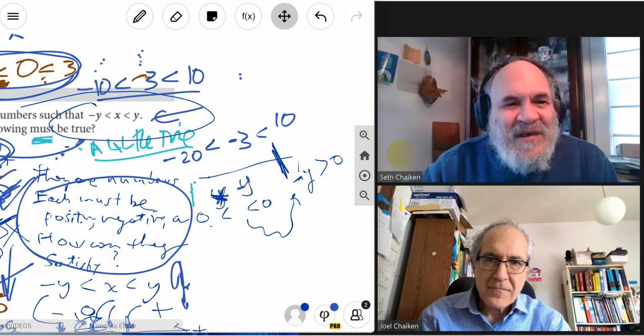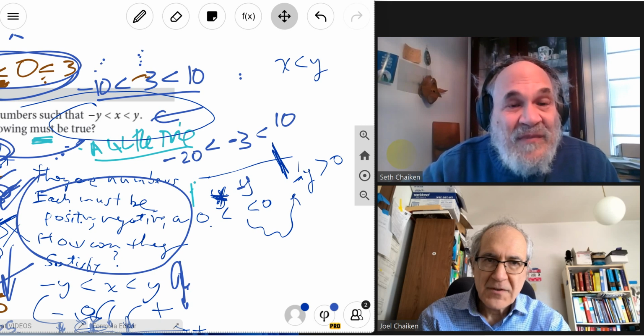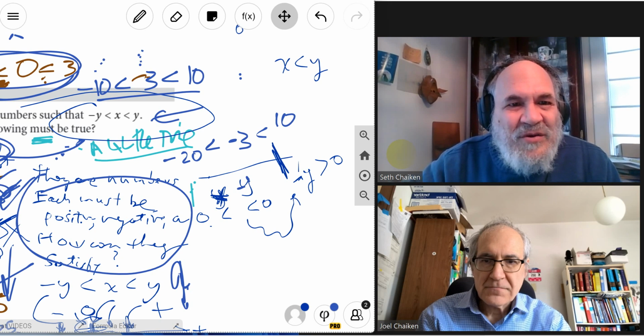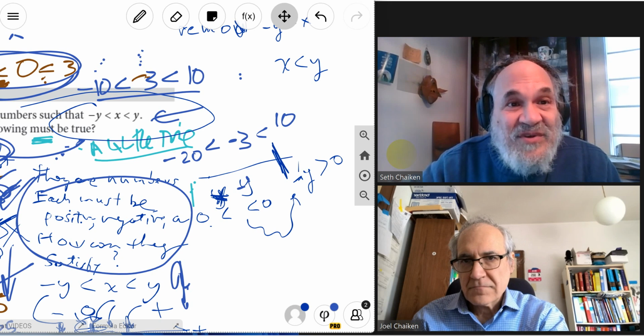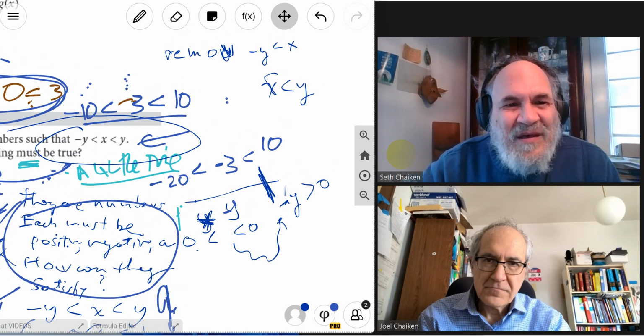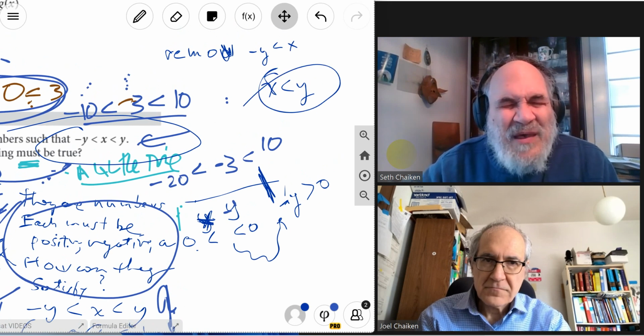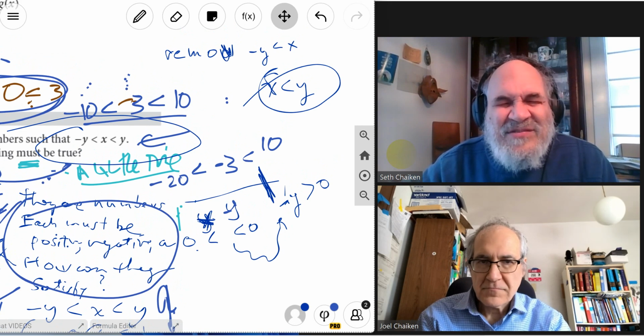If you simply had x is less than y as a condition, say you omit or remove the condition minus y is less than x, and you just consider this, then both of them can be on the negative half of the number line with x to the left of y.